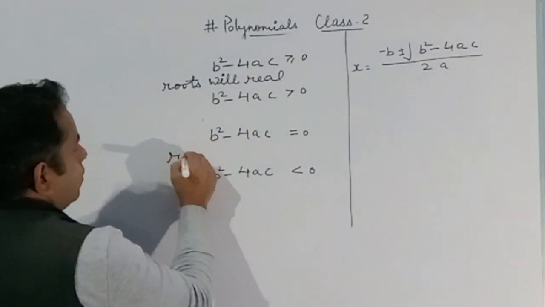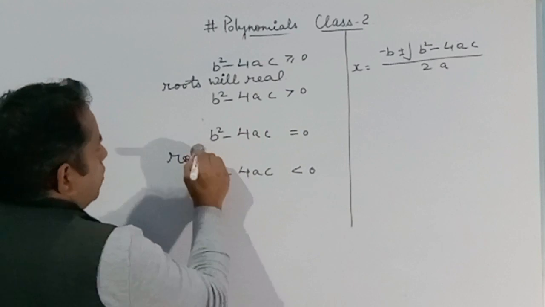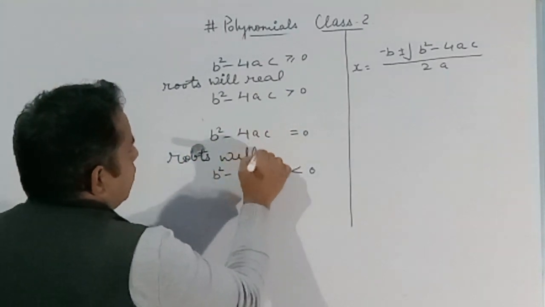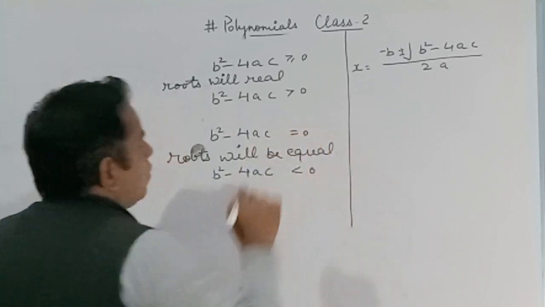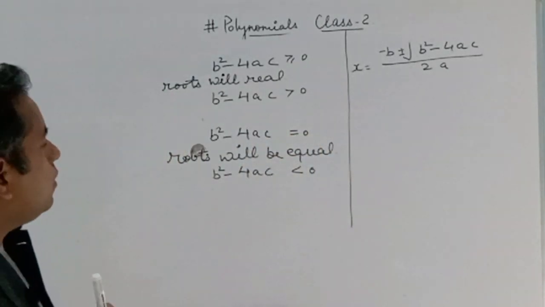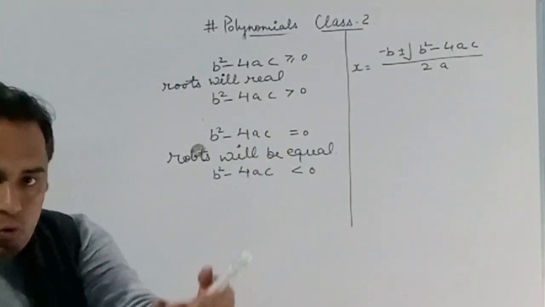And here, roots will be equal. Roots will be equal if we have b square minus 4ac equal to 0.